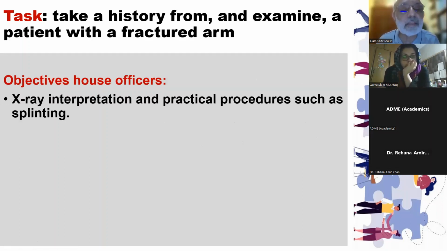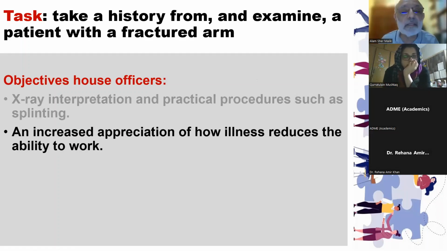For example, X-ray interpretation and practical procedures such as splinting, and an increased appreciation of how illness reduces the ability to work. So basically what I'm trying to demonstrate here is that we have a task, and the same task can be used at different levels, but of course the learning outcomes would be different.